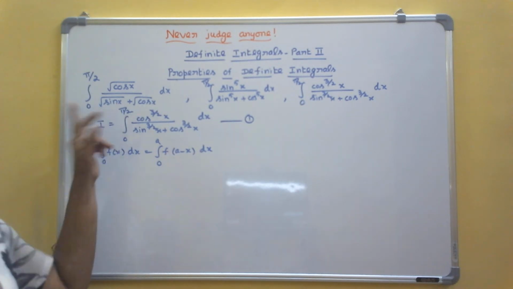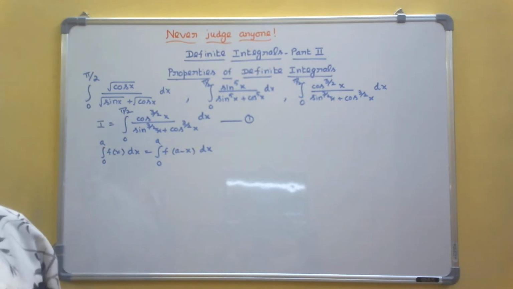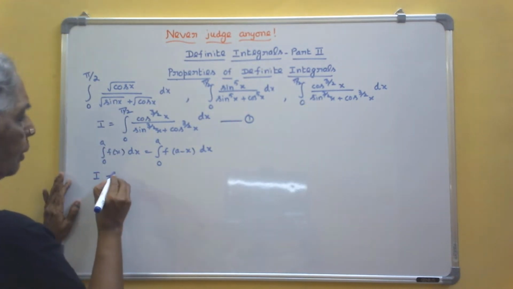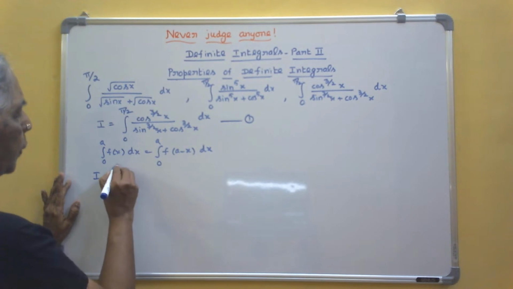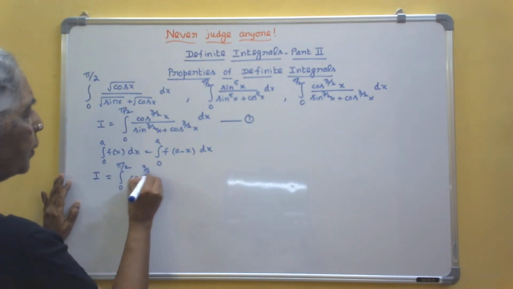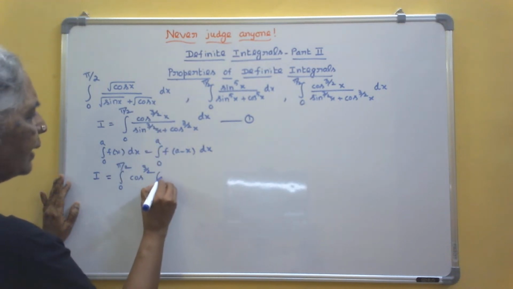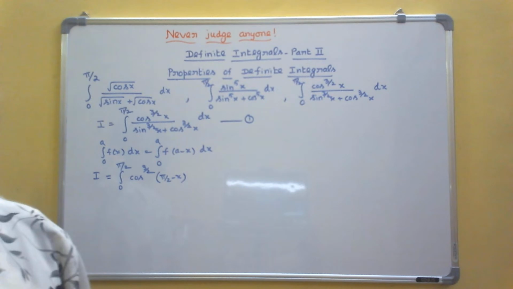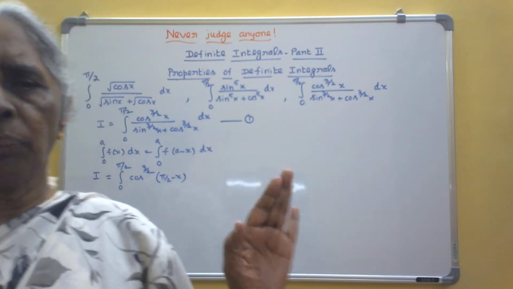Here in the place of a, what do you have here? Pi by 2. Okay? So now I will write again I is equal to integral 0 to pi by 2 cos power 3 by 2. In the place of x, I have to write now pi by 2 minus x, because the a is here pi by 2.